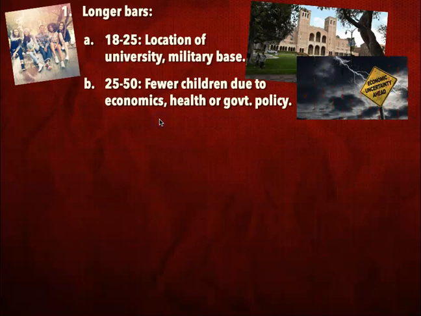When you see longer bars in the 25 to 50 area, and then you've got bars below them that are shorter, that's telling you there's something going on, right? Maybe there's some really tough economic situation going on where people who typically are in the wheelhouse of their child-bearing years, in a lot of countries, especially your more developed countries, like 25 to 40, but we'll extend it out to 50 for this.